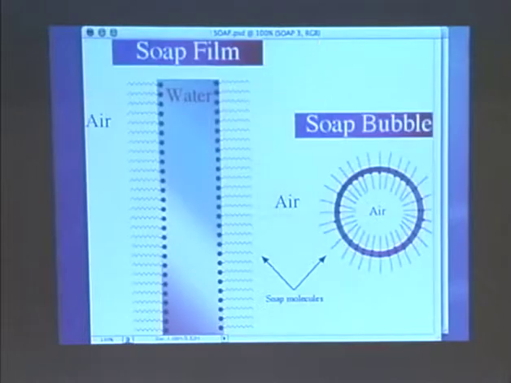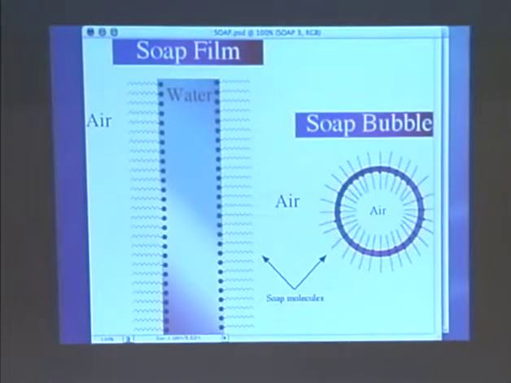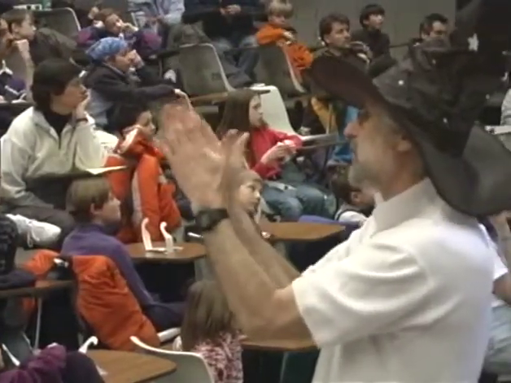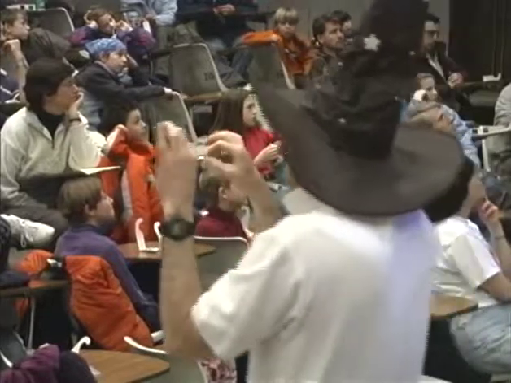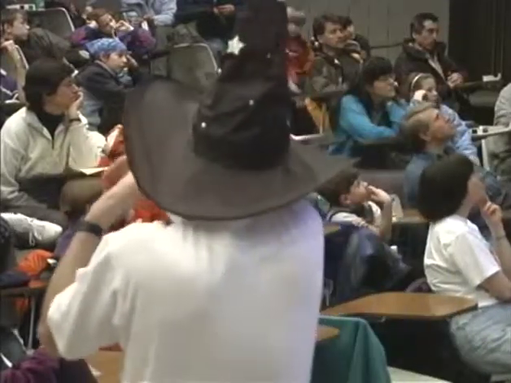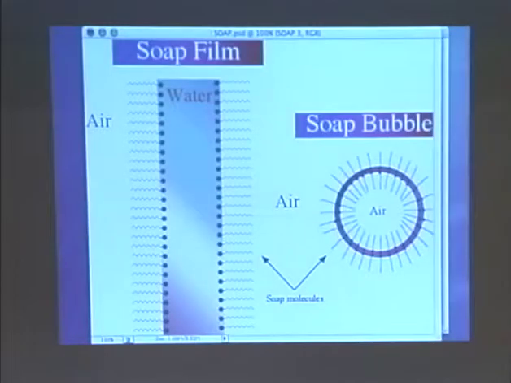But soap does some other amazing things, though you're very familiar with these things. For example, when you have water plus soap, the soap molecules will actually make a very thin film with water inside where the hydrocarbon parts are aiming towards the air. The hydrocarbon actually likes to be near the air, and so you can get these very nice, beautiful, thin soap films.